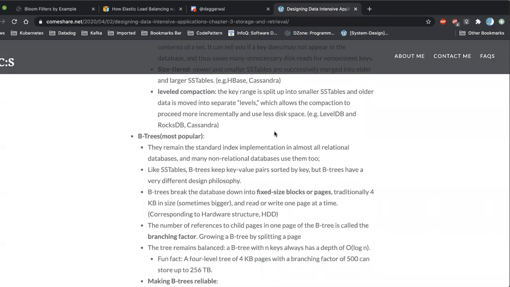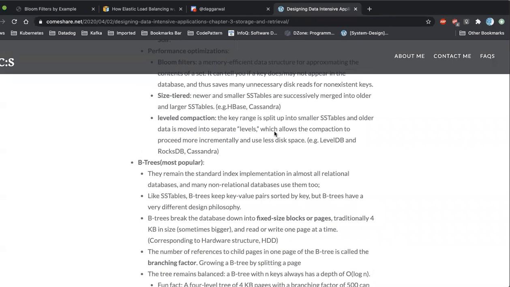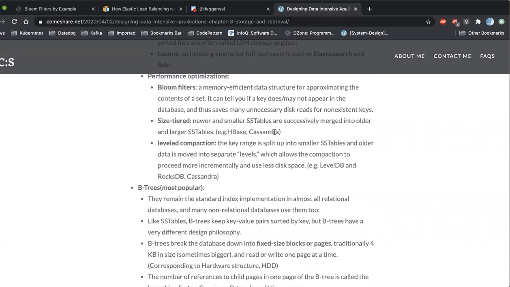I'm interested in level compaction. I don't really understand what that means, not how to implement it but the concept.